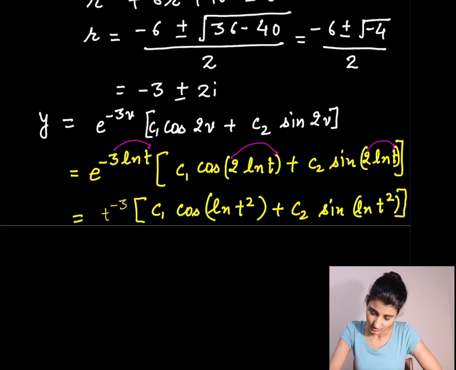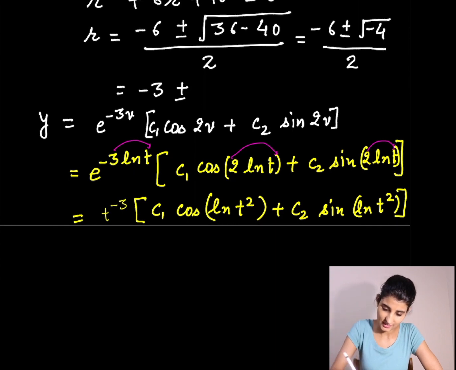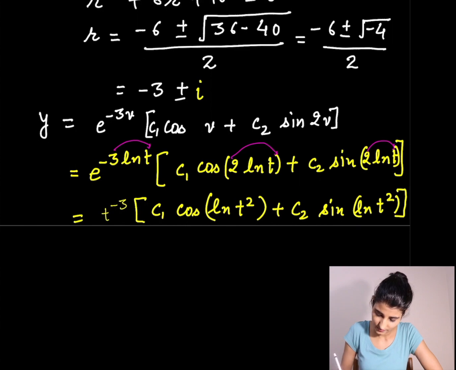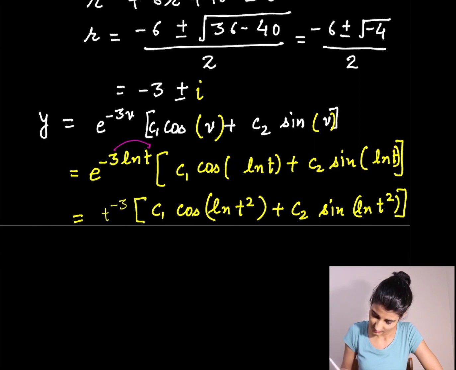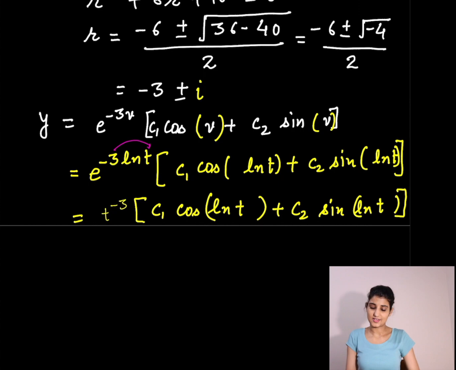Oh wait, when we are finding the roots, we have negative 2i divided by 2 also, so I made a mistake here. This should be i, so we don't have this 2. So it is c1 cosine v plus c2 sine v. So this is our answer.